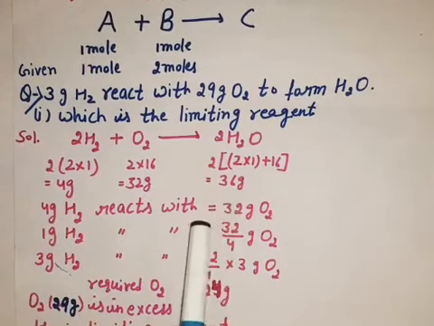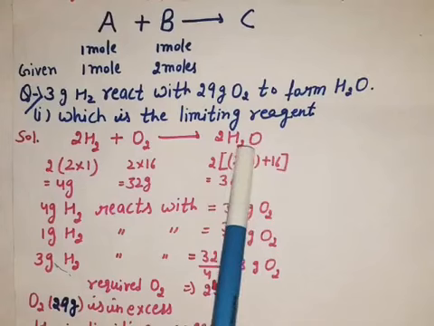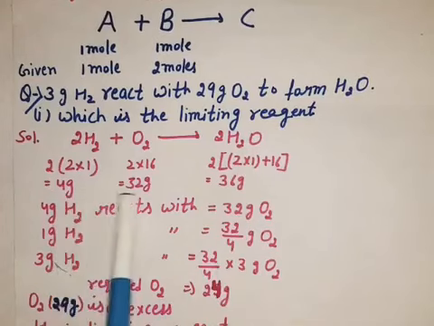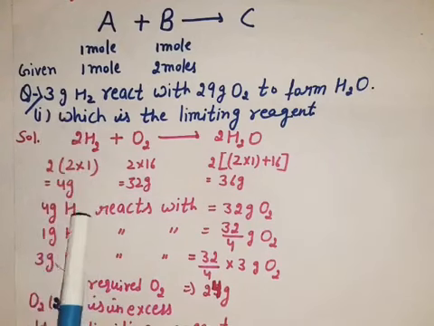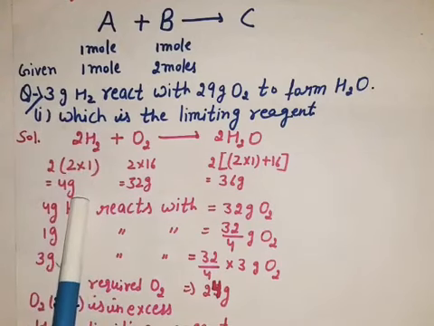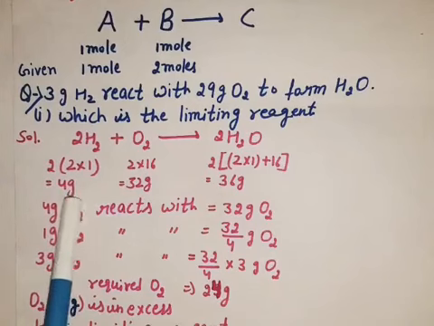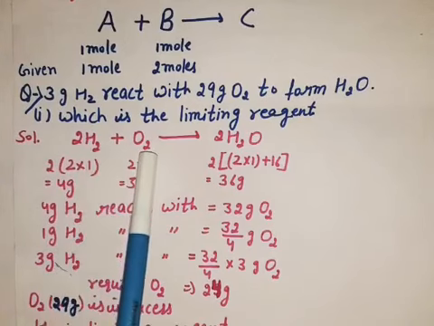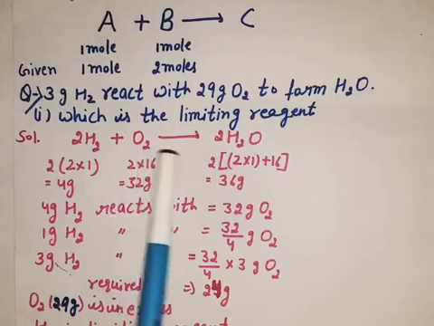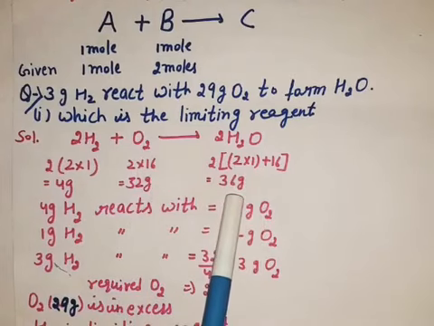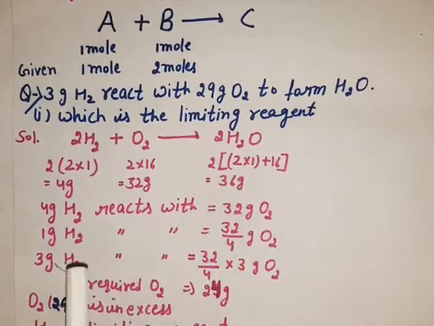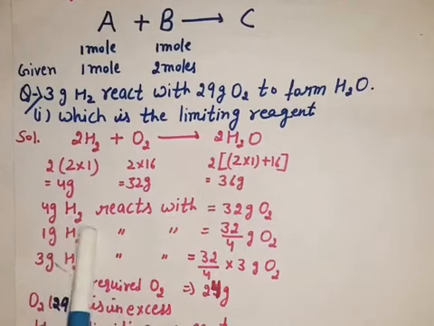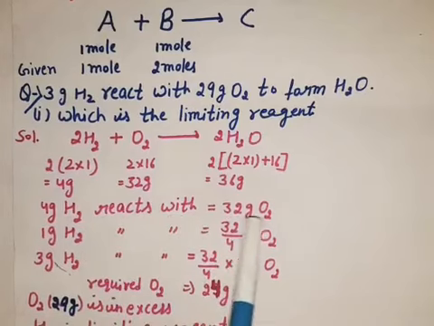So always before solving questions of limiting reagent, first you have to write the chemical equation and then you have to write their amount. If in the question the reagents are given in gram, then you have to write it in gram. So that means 4 gram hydrogen reacts with 32 gram of oxygen, which results in formation of 36 gram of water.